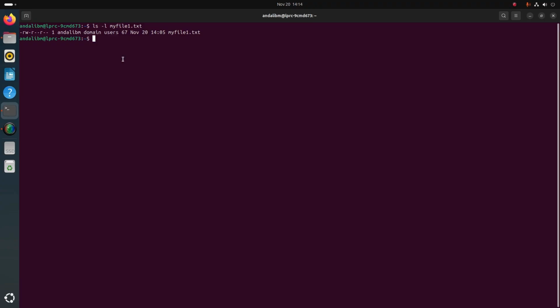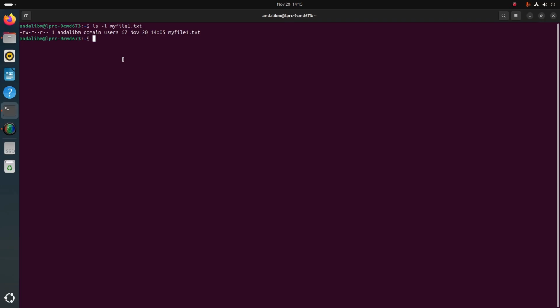Now if I want to change that, I can use the command chmod, and I say, okay, go ahead and change the permission of this file and make it, for instance, read only, or write only, or anything. I can also add execute permission for the user.